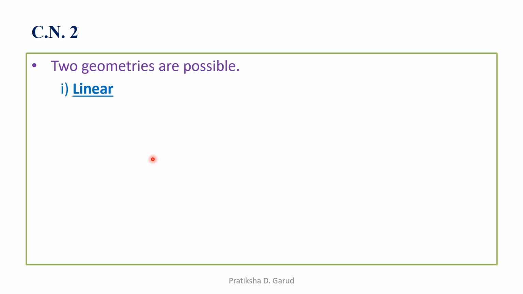The first geometry is the linear geometry, that means in one straight line fashion. At the center we have the metal and it is attached to two ligands. So it is a linear ML2.